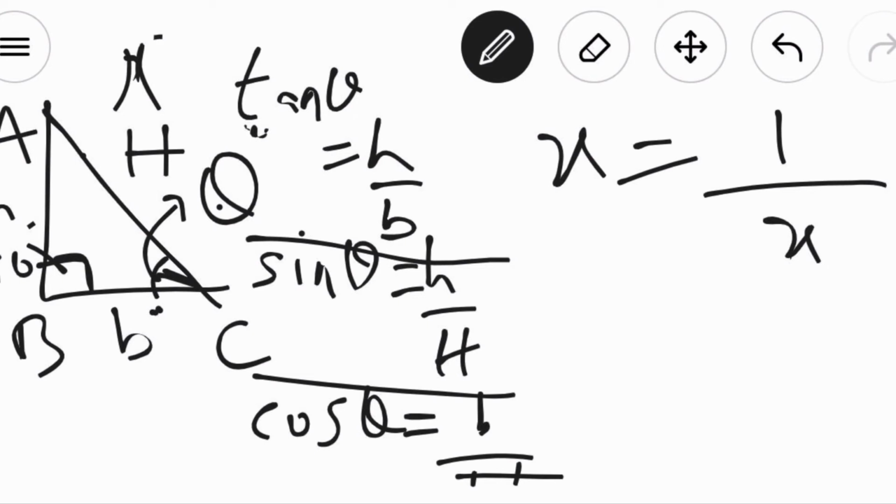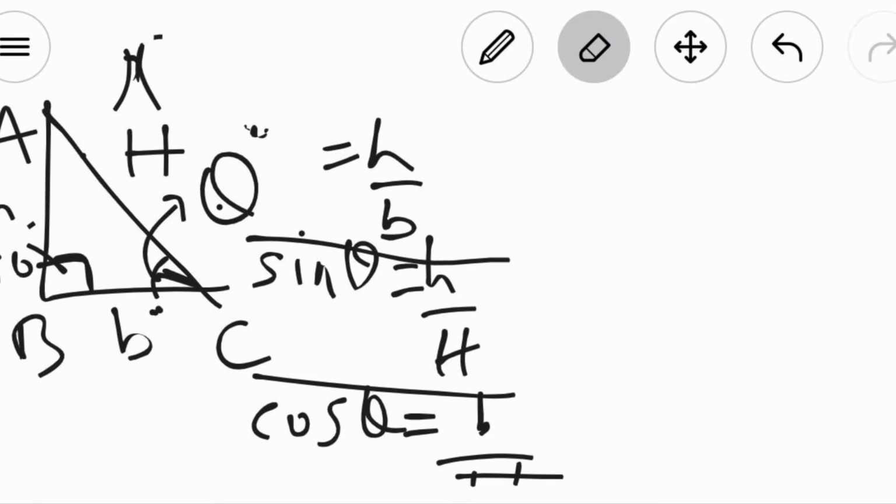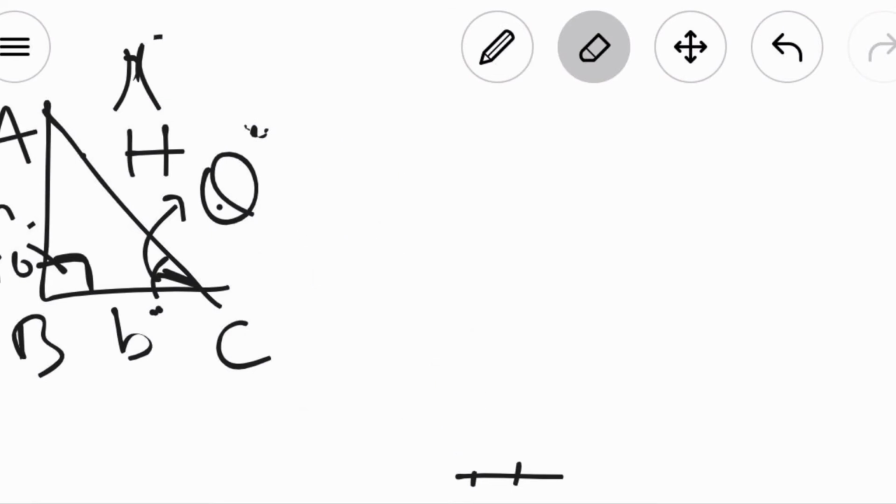That's the reciprocal we are talking about. The other inverse I'll discuss later when we come to that. The next three are going to be the reverse of these.